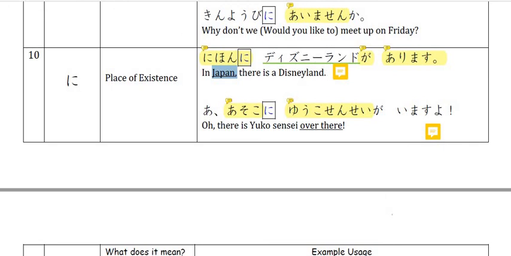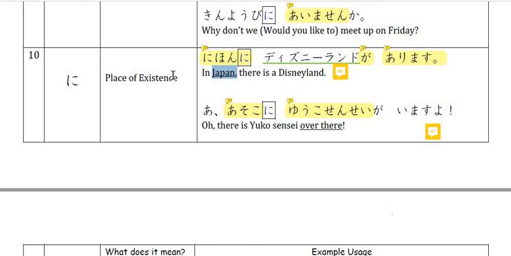If you are understanding, let me know that you can make your own sentence and put it in the comment box. So if you want to say in USA there is Disneyland, actually this is wrong.